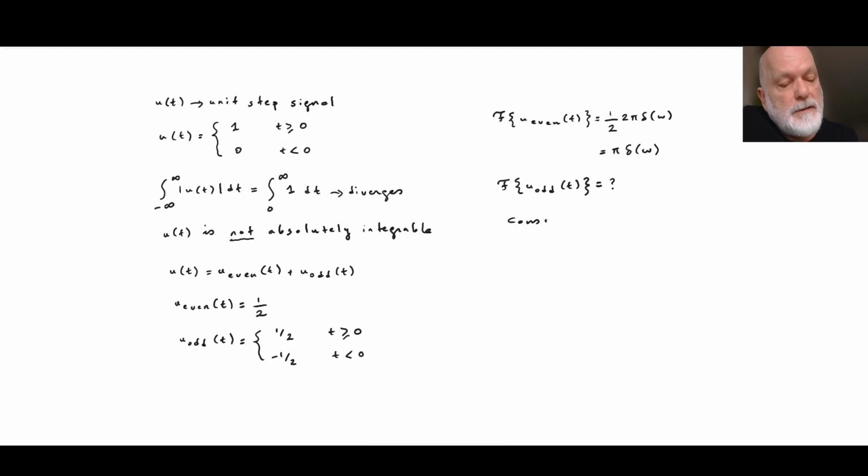Consider the signal x(t) equal to e to the minus alpha t times u(t), where alpha is a positive constant.